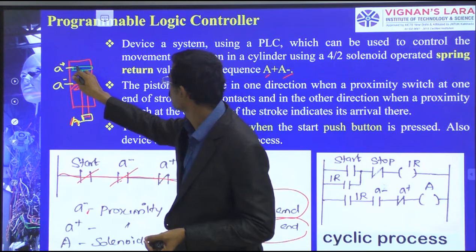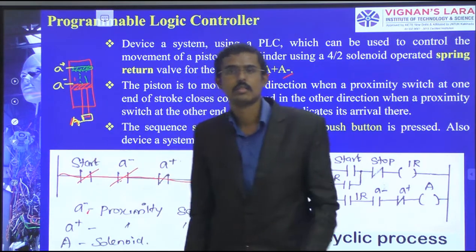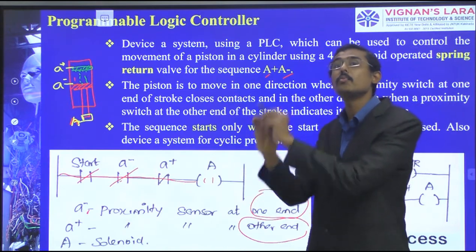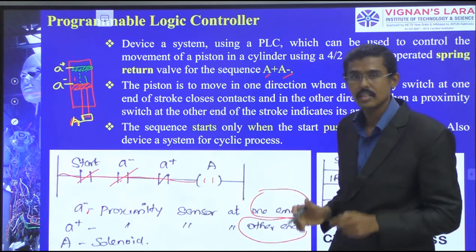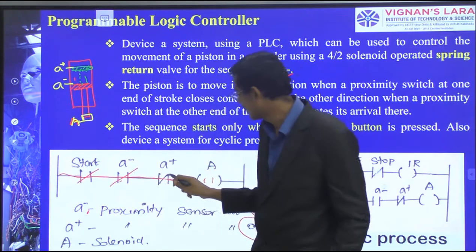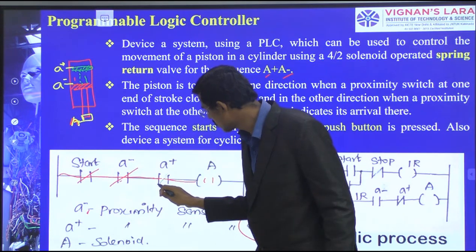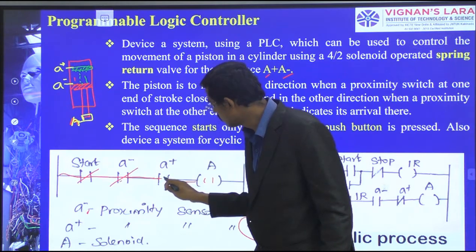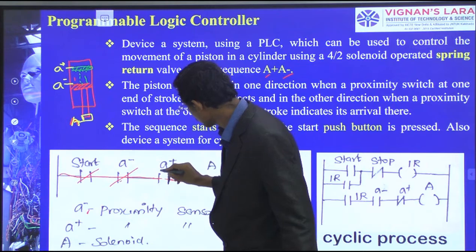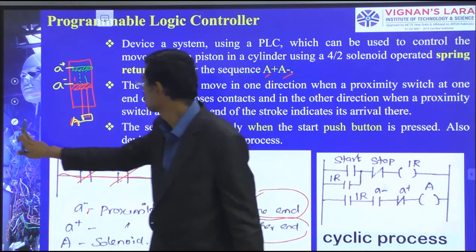After moving, it is going to reach the A plus. Now the A plus is detected from the normally closed position. It has been sensed. The input has been given. What happens? This input is going to break the contact here. This is the breaking contact. If the breaking contact occurs, there is no supply here.